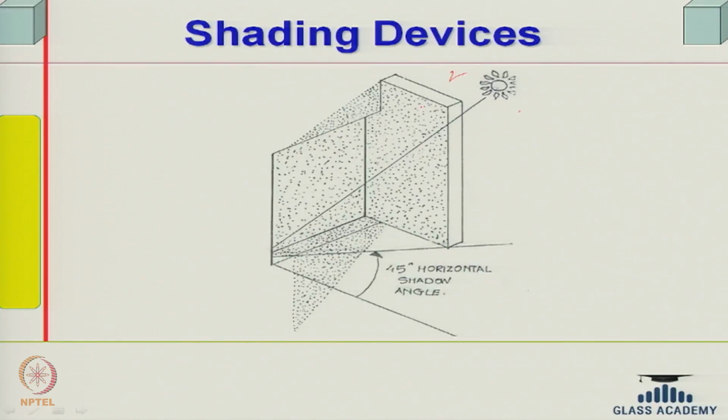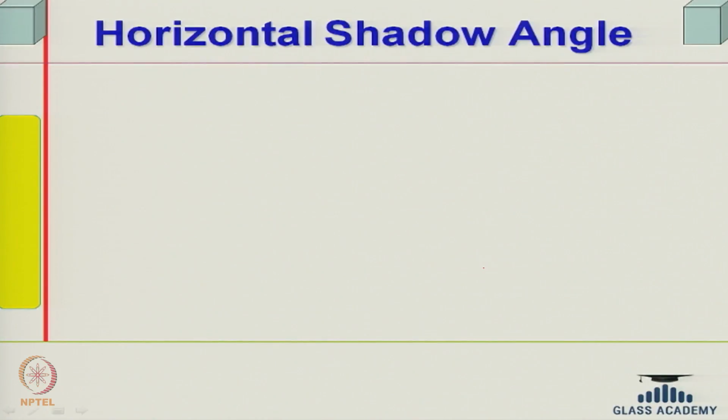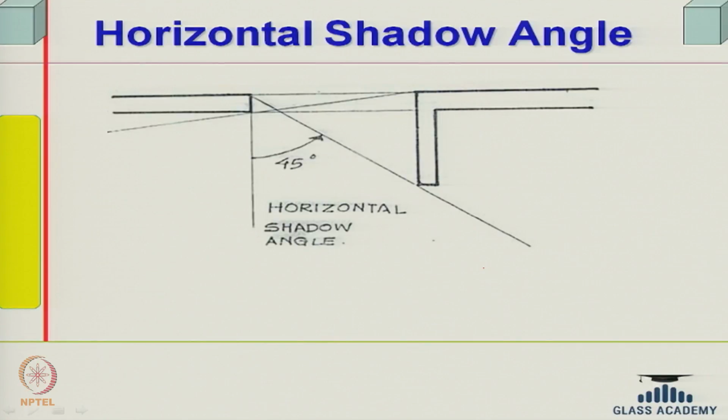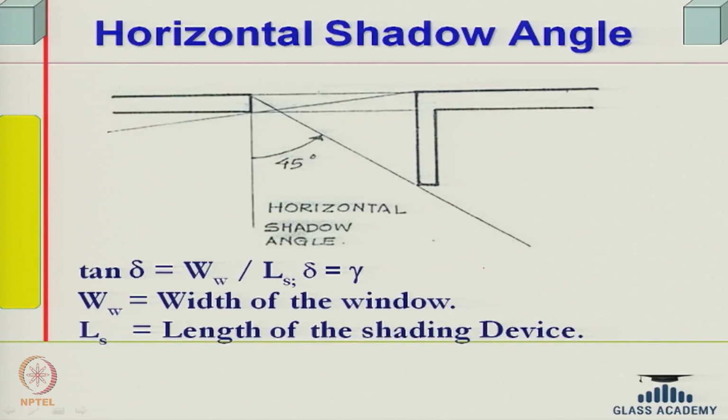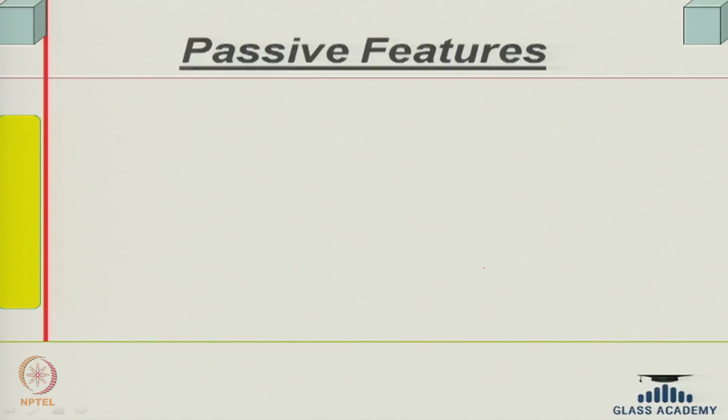So, vertical shading devices are characterized by the horizontal shadow angle. Again, this is the same as the wall solar azimuth. From geometry you can define them and find out. The derivation of this I am not going to go into in this particular lecture, but one can look into this.